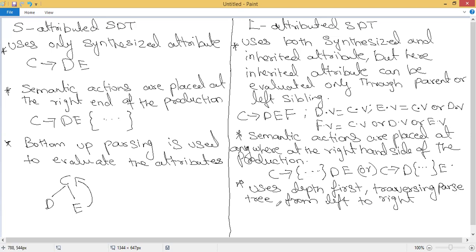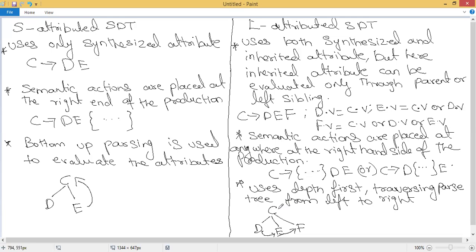For example, C tends to D, E, and F. The value of D is evaluated through C, so C can be directly evaluated, and D will be evaluated either with C or through the siblings, traversing from left to right, that is D to E and E to F. So this is how L attributed SDT evaluates through its parent as well as the siblings.